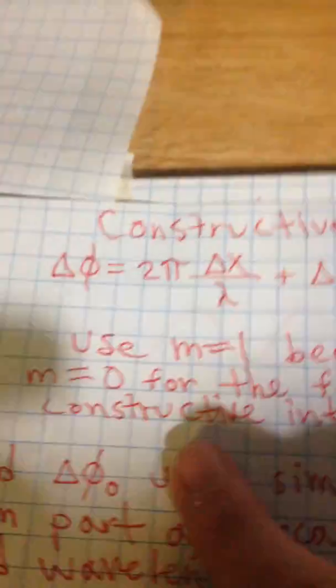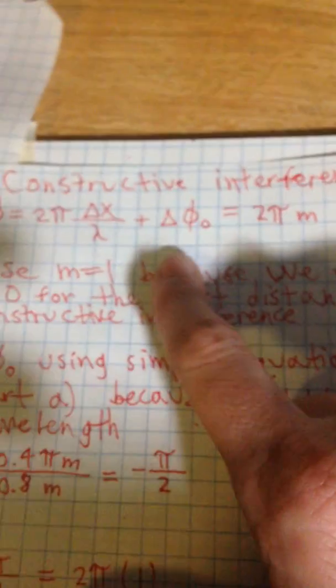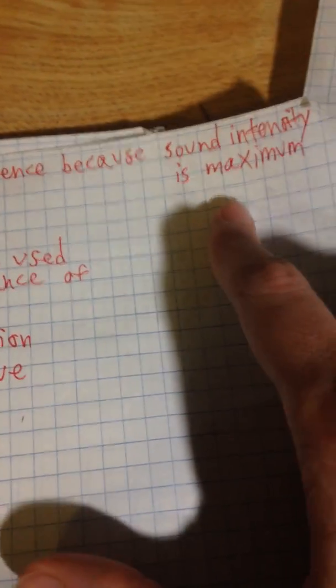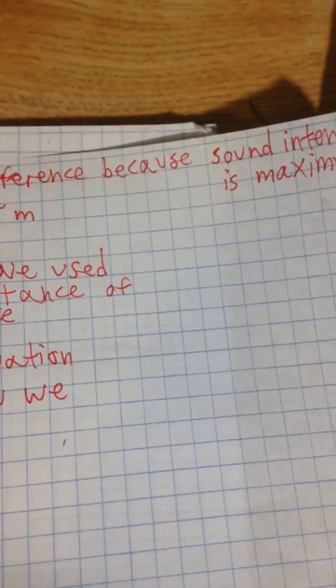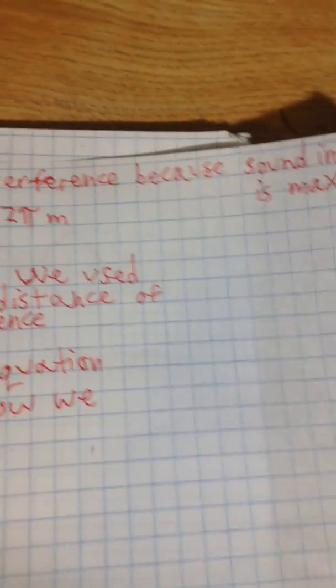Okay, so for part B, the problem tells us that it has constructive interference because the sound intensity is a maximum. Okay, that's what the question says.